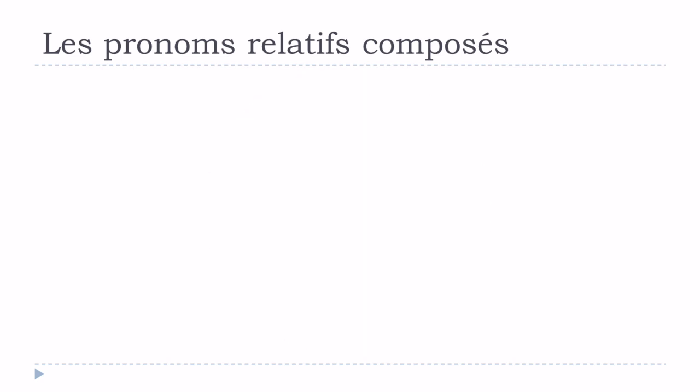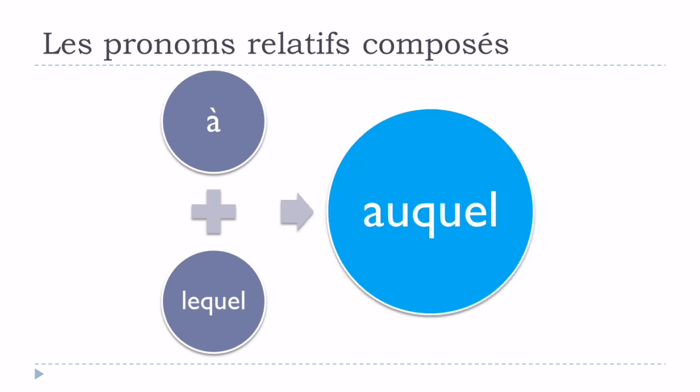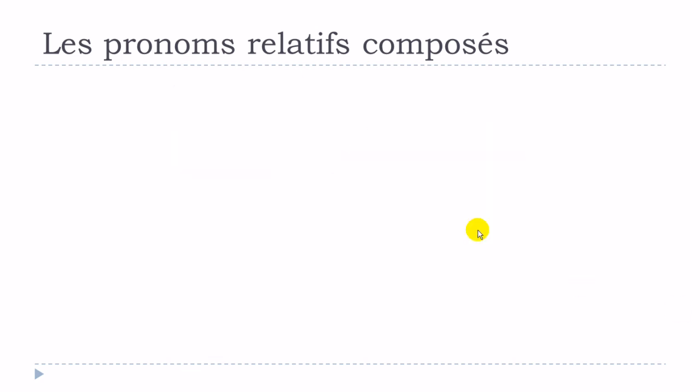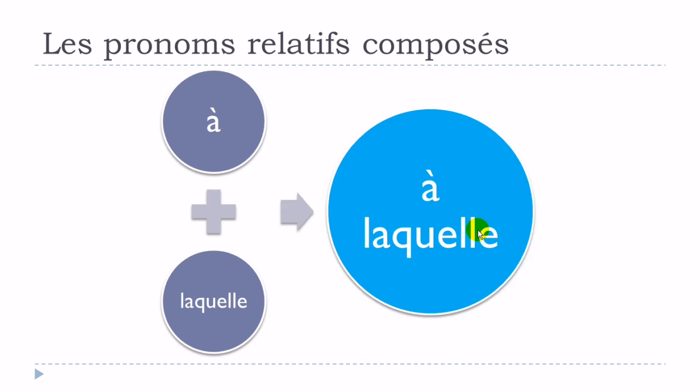Let's see now: if you combine the preposition à and your pronoun lequel, then you will get auquel. If you combine your preposition à and the feminine form laquelle, the good news is that it doesn't change, and it's à laquelle.